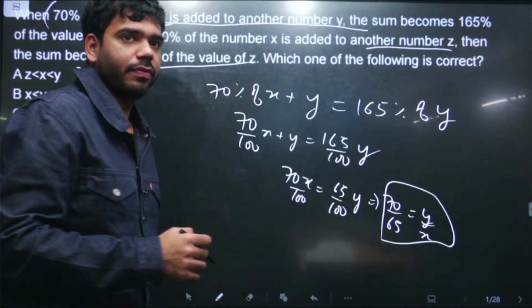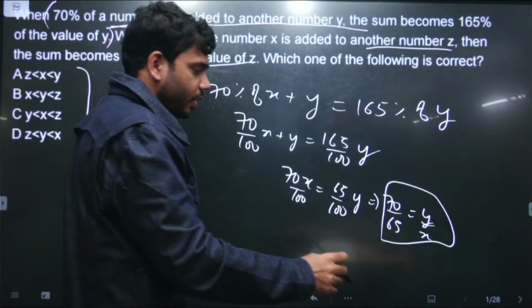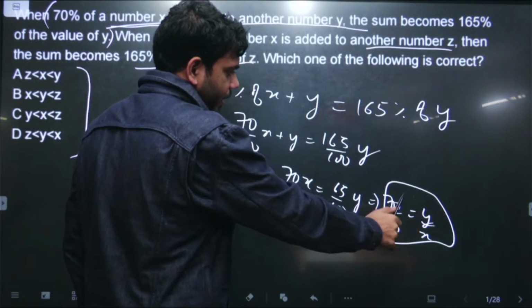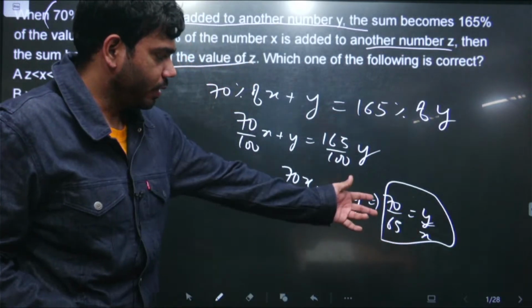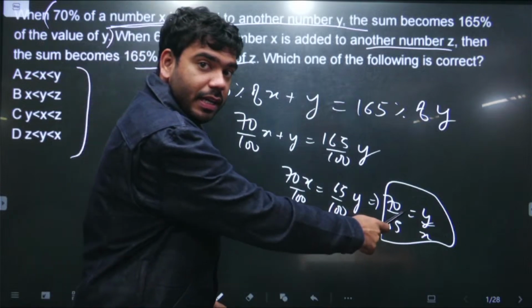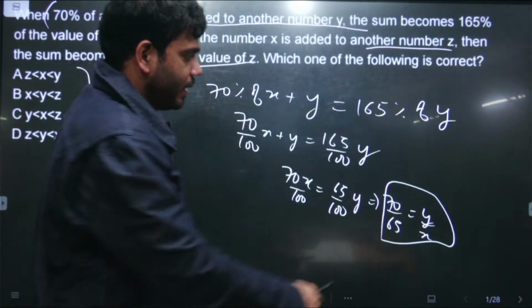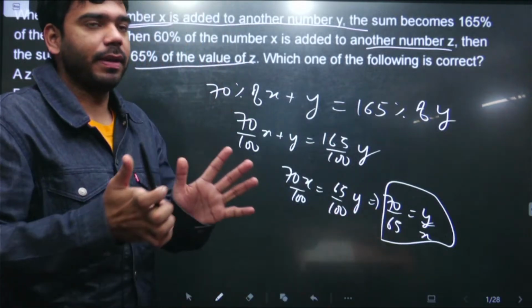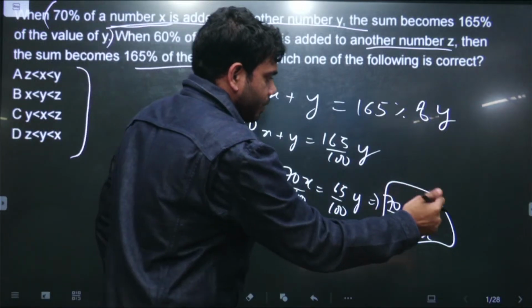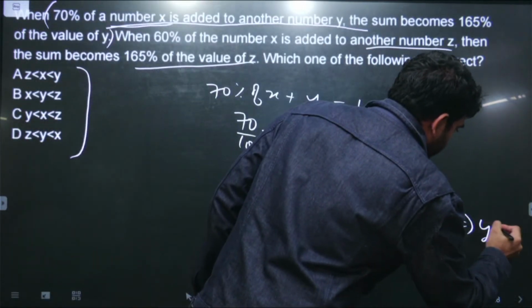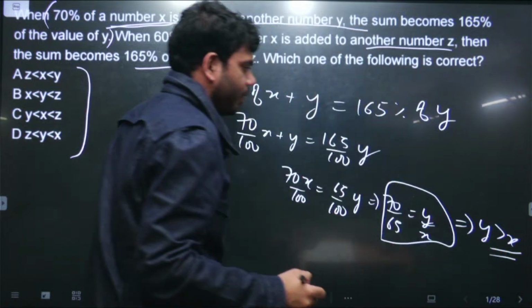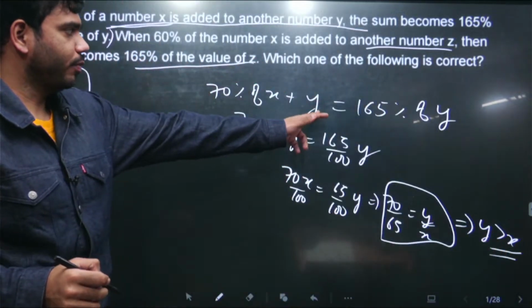This is the first thing that we get. This is the ratio of y by x, 70 by 65. So in the ratio on the left hand side, 70 is larger than 65. So it means on the right hand side also the same thing will replicate. Y is greater than x.